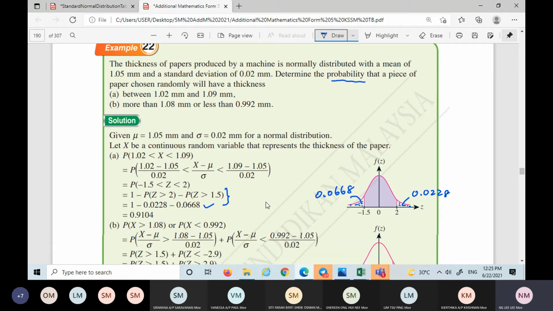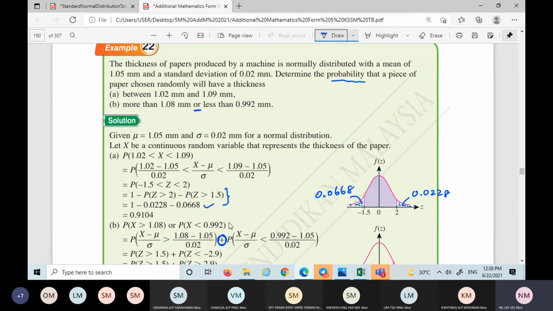We go to B. Same: find the probability of more than 1.08 or less than 0.992. This one you have to separate into two probabilities, because there is no way to connect them. Then you see the "or", so in between is plus. This one you have to remember. So bigger than 1.08, and smaller than 0.992.